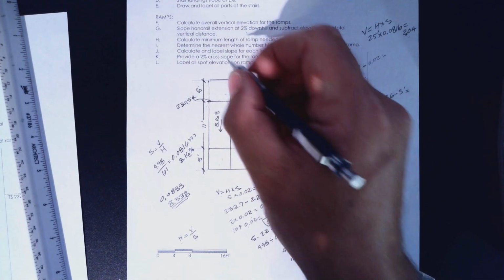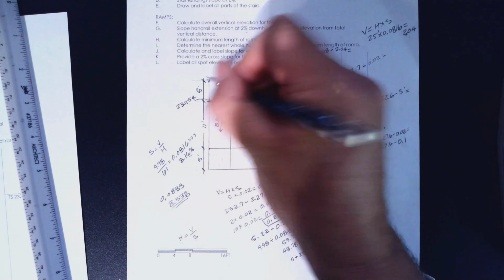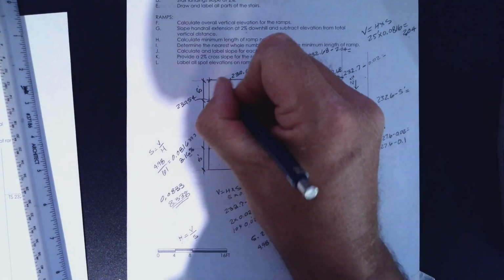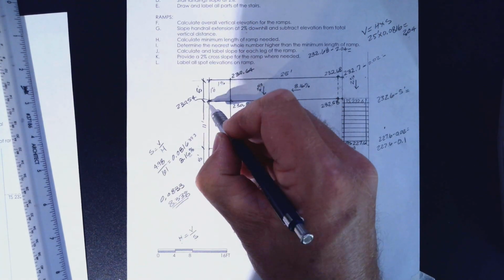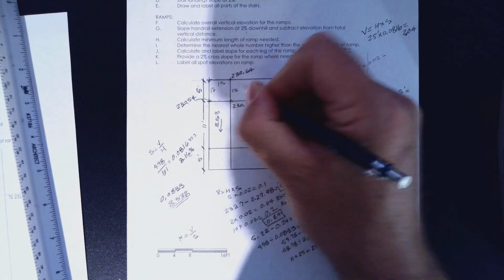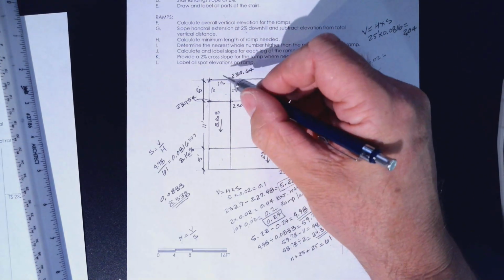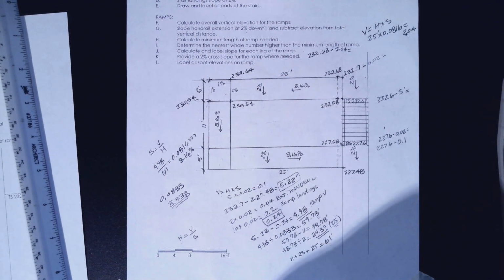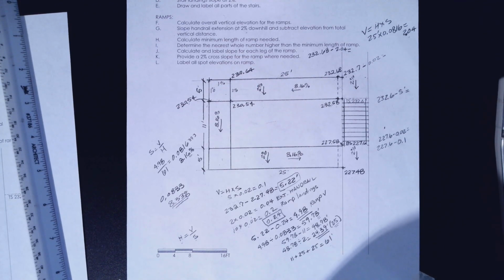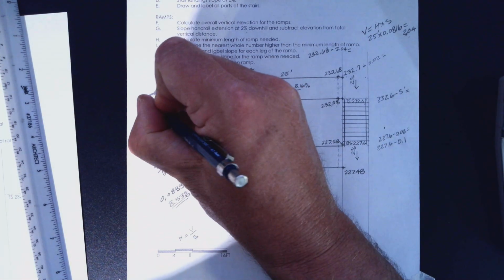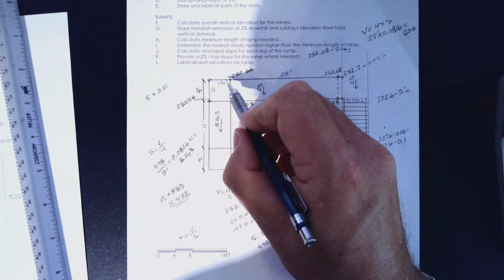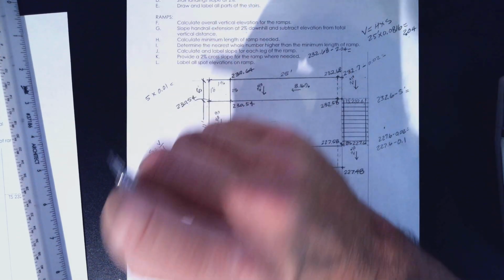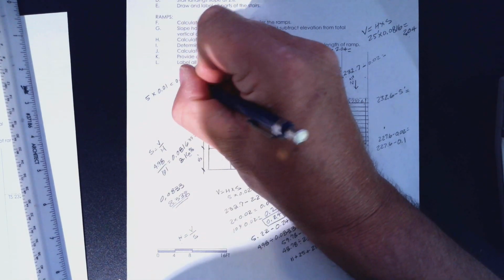So let's figure out this one. What is this corner right here? It drops at 1%, right? So 1% and 1% over 10 feet is the same as 2% over 5 feet. So let's go 5 feet times 0.01. 5 times 0.01 equals 0.05. So 5 feet at 1% equals 0.05.